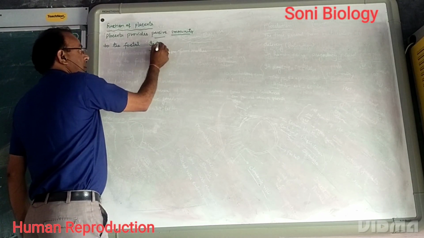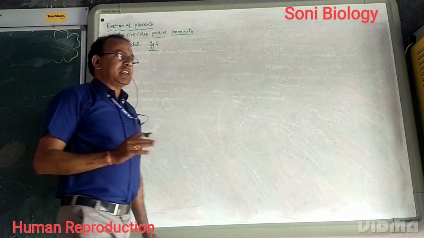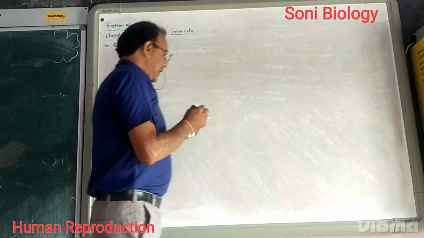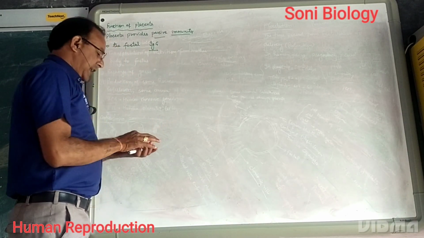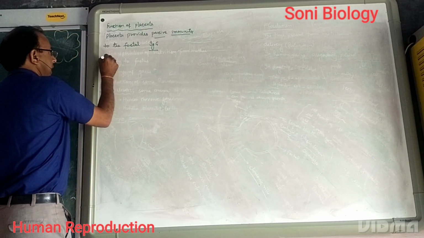This immunoglobulin immunity is provided by the placenta to the fetus so that the fetus can be protected from diseases caused by germs. And in this part we will discuss the next process of post-fertilization events, that is parturition.